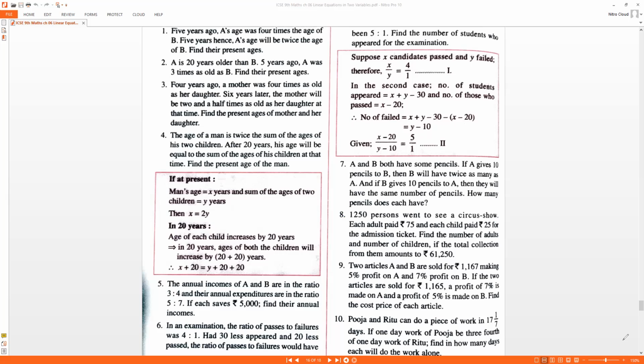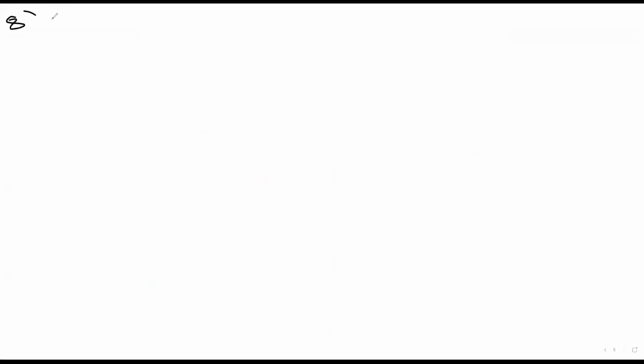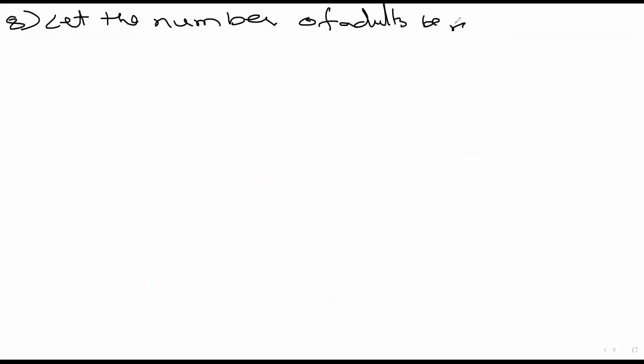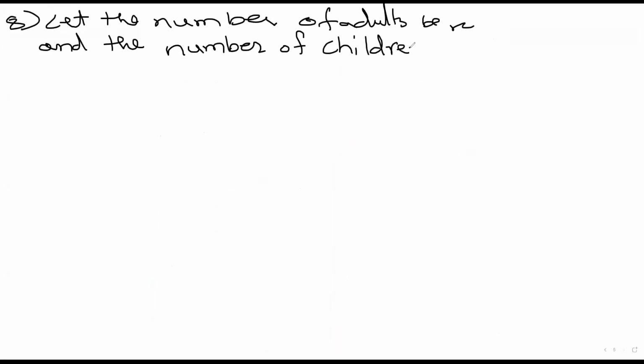problem. Let us go to the whiteboard and write down: let the number of adults be X and the number of children be Y. Now, how many total were there? 1,250.